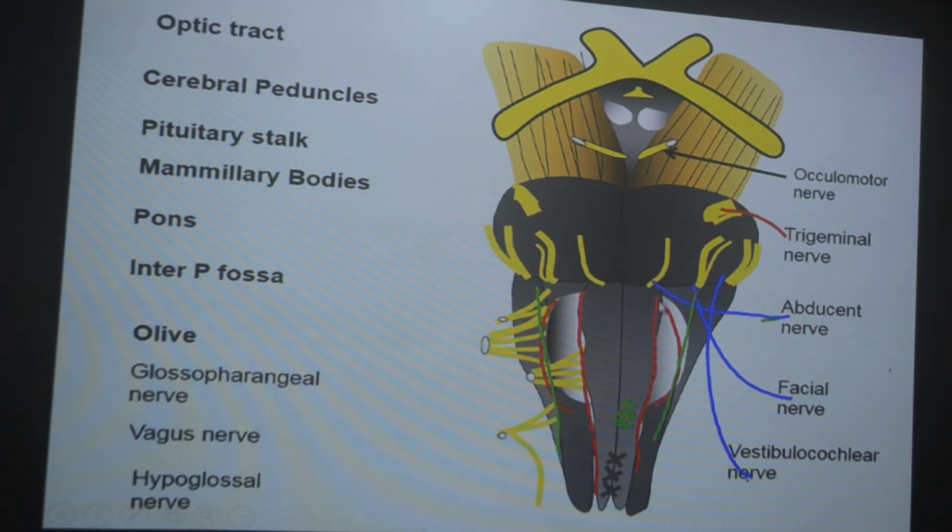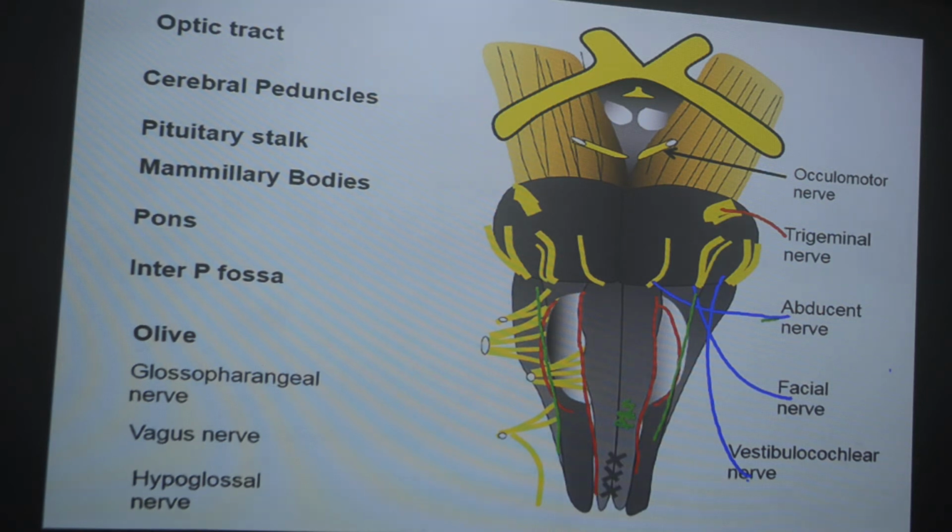Lateral to the pyramid, there is an anterior lateral sulcus. This is the anterior median sulcus, and in this anterior median sulcus, you can see a nerve rootlet coming out. Can you make out this nerve rootlet? This is the hypoglossal nerve, or the 12th cranial nerve. The function of the 12th cranial nerve is the motor supply to the tongue. So the muscles of the tongue are supplied by the hypoglossal nerve, the 12th cranial nerve.